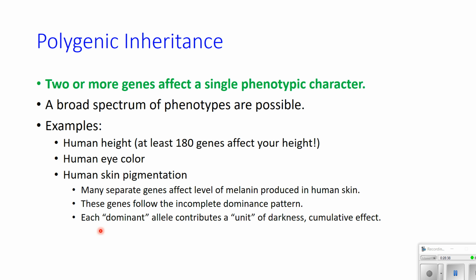And it's a cumulative effect. So if you have 2 dominant alleles, your skin color will be twice as dark as if you only have 1 dominant allele. If you have 4 dominant alleles, then your skin tone is going to be 4 times darker than a person who only has 1 dominant allele. And so I think you'll understand that better when we look at an example.